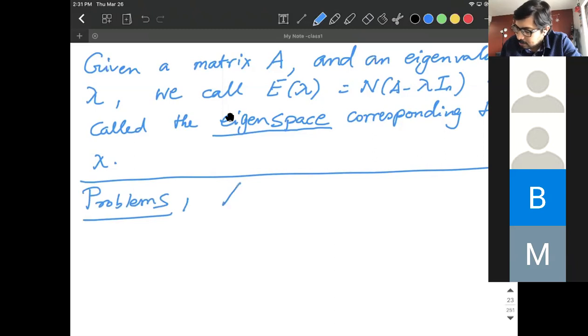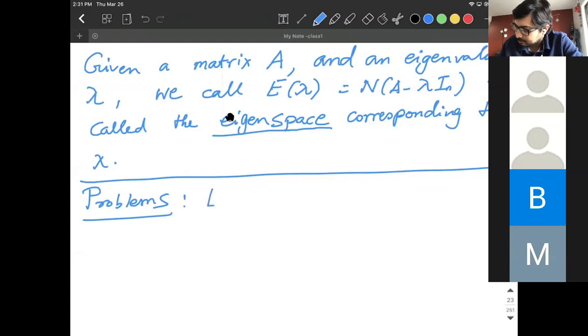Okay, so sometimes what would be given is some information about the matrix without exactly the matrix, something like this.